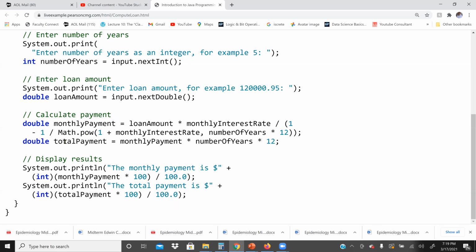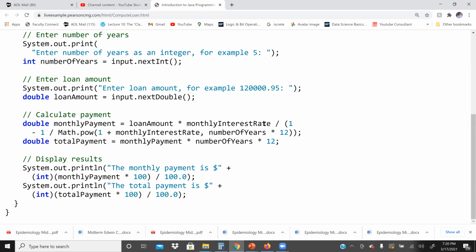For example, if I have Math.pow(2, 3), it means 2 to the power 3. So in Math.pow, we have 1 plus monthly interest rate, which will be the base. Then the number of years times 12 will be the exponent.